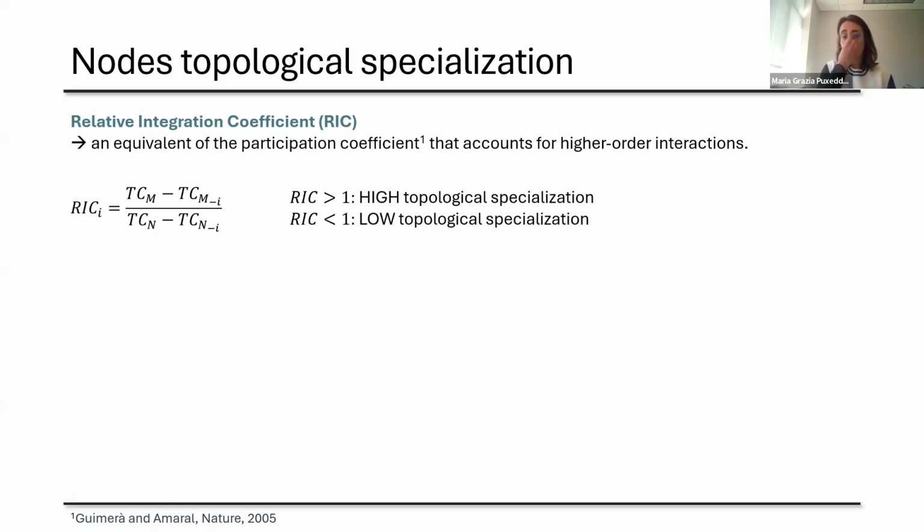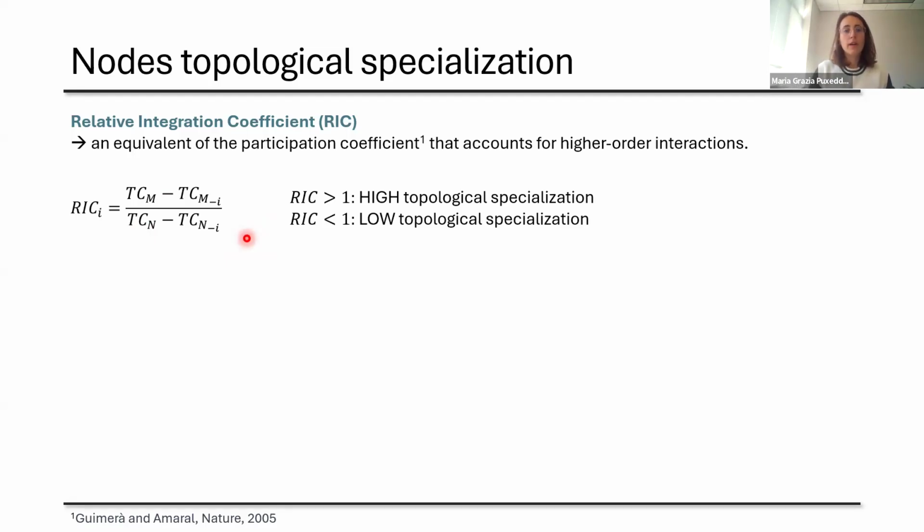So what we did is we introduced another index that we called relative integration coefficient, that is defined as the ratio between the difference between the total correlation of module M minus the total correlation of module M if we take out node i, and then here we have the total correlation of the whole network minus the total correlation of the whole network if we remove node i.